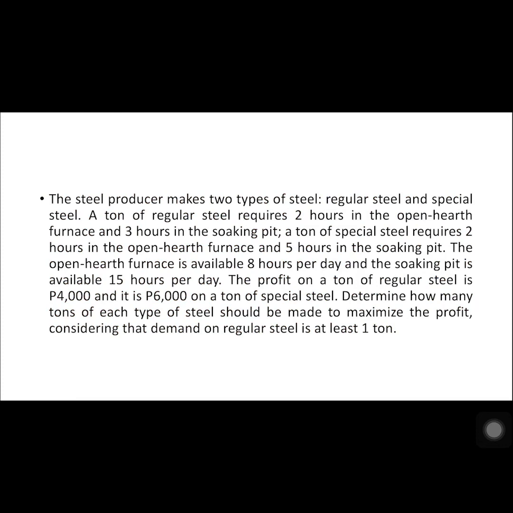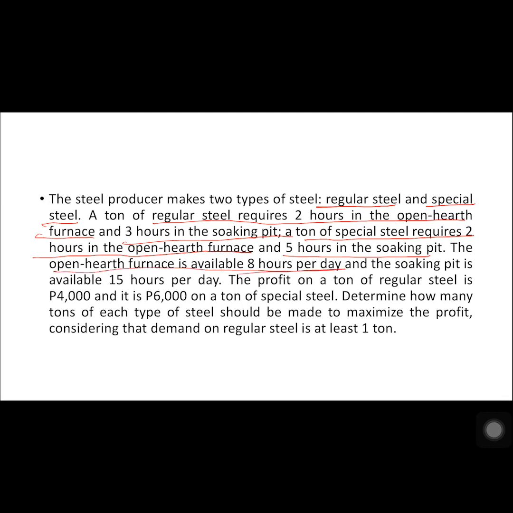So for another example, a steel producer makes two types of steel, the regular steel and the special steel. A ton of regular steel requires 2 hours in the open hearth furnace and 3 hours in the soaking pit. A ton of special steel requires 2 hours in the open hearth furnace and 5 hours in the soaking pit.